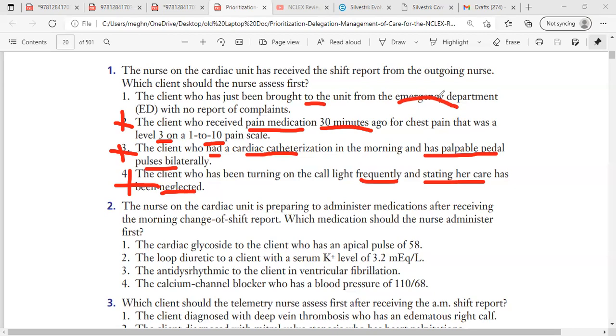This client should be seen first because the other patients are not the priorities.